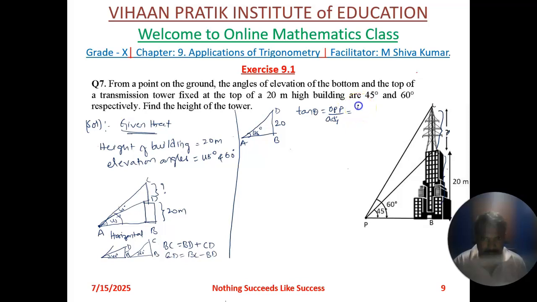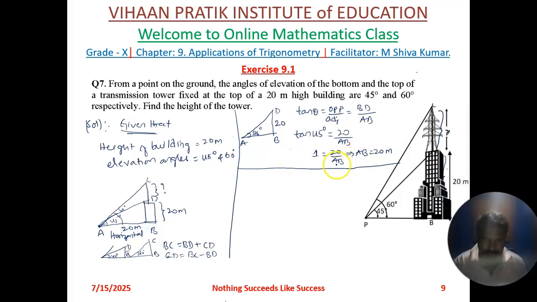Here opposite is BD, adjacent is AB. So tan 45 degrees equals BD, which is 20 meters, over AB. The value of tan 45 is 1. So 1 equals 20 by AB, which gives AB equals 20 meters. Therefore, the horizontal distance is 20 meters.